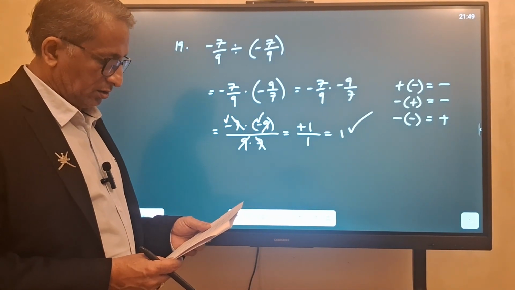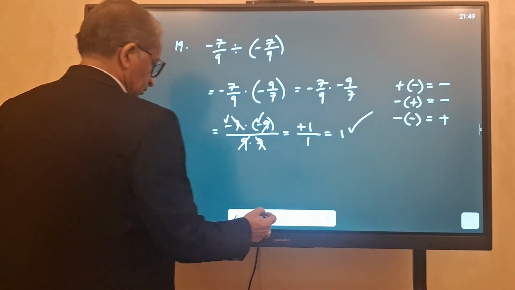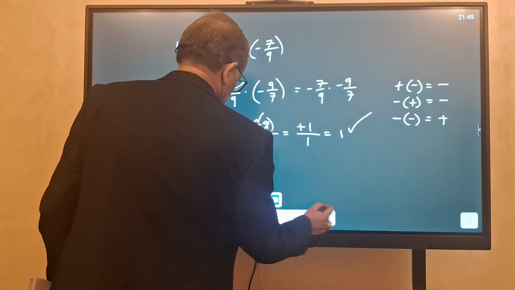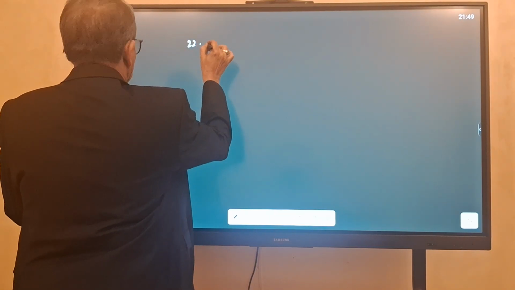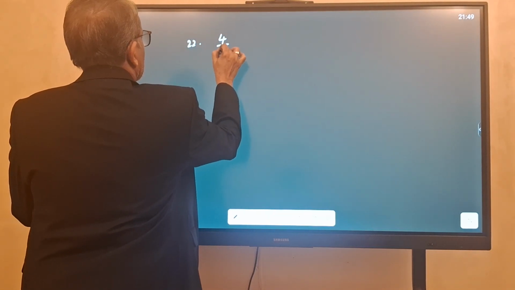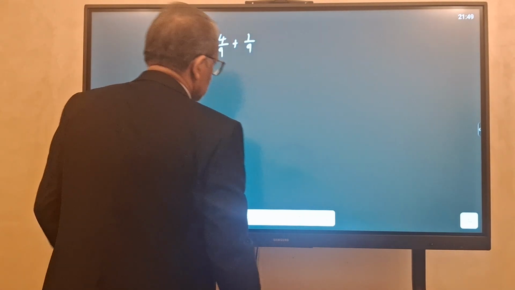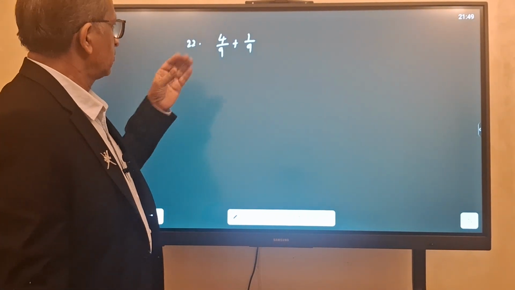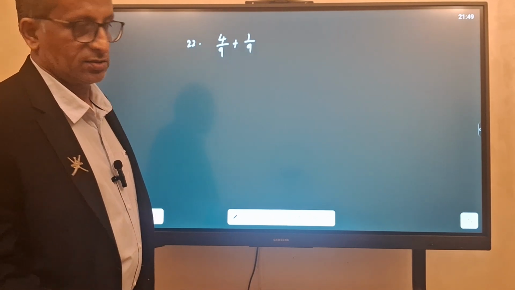Then we consider the examples 22 to 27. 22. 4 by 9 plus 1 by 9. So what we are doing here is, we are given two fractions and we are adding the fractions.